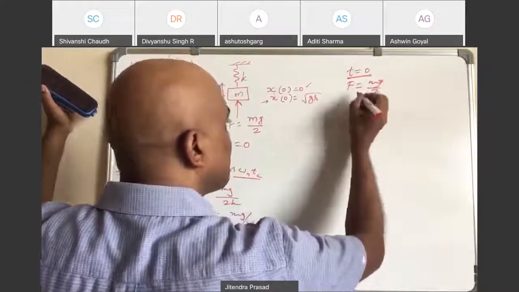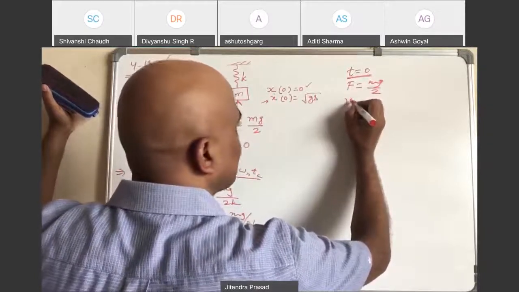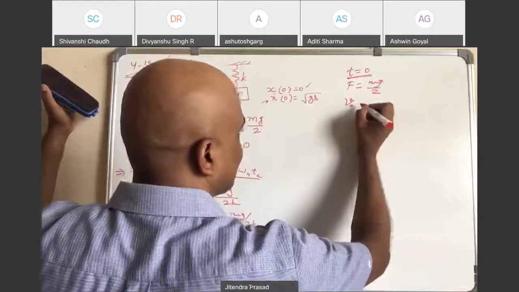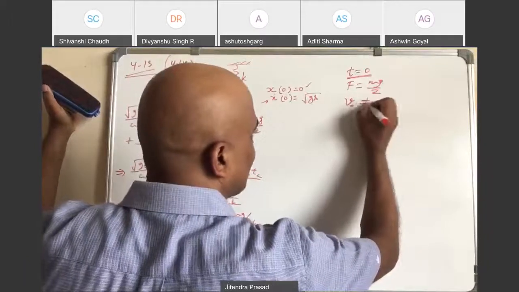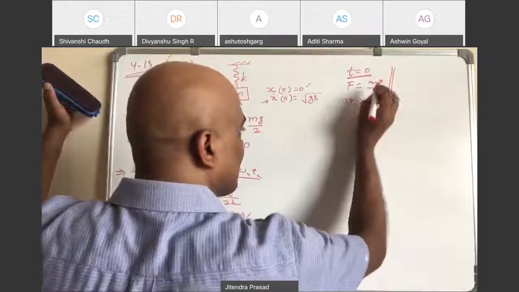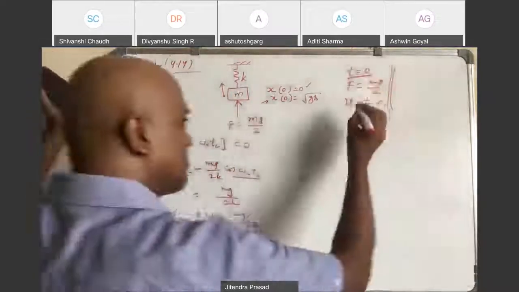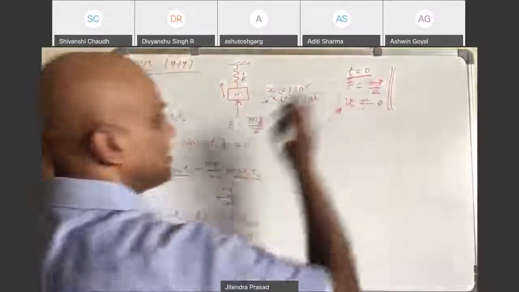That's number one. But it also has velocity, right? So a given velocity v naught is there, v naught not equal to 0. So whatever doubt you have will be compensated by this automatically.